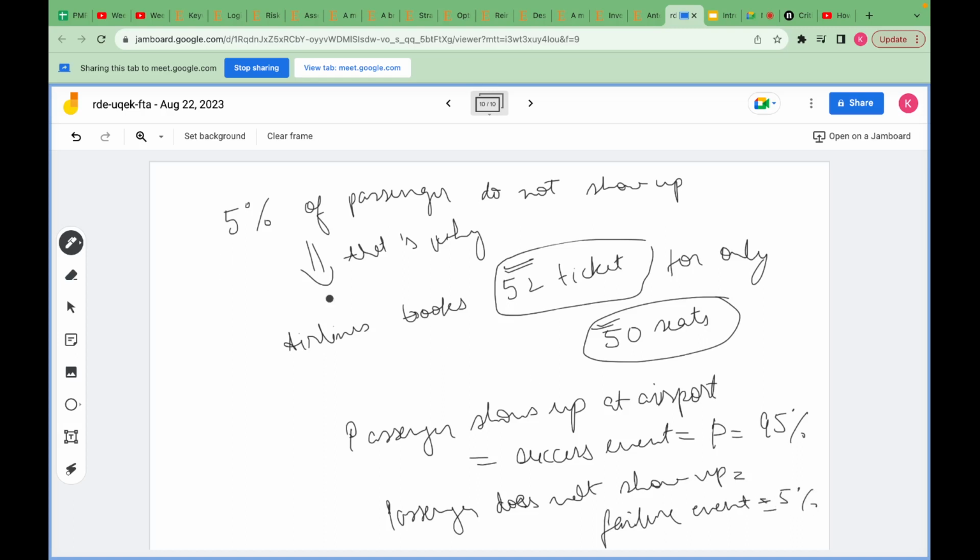Here it is given that 5% of passengers do not show up, so we consider this as a failure event, and the success event is that the passenger will arrive at the airport.